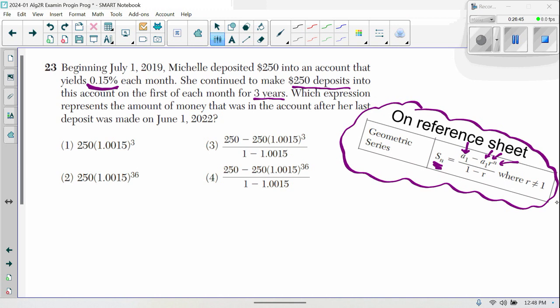She is depositing this money each month for 3 years. There are 12 months per year, so my n is 36. And it's over 1 minus the rate. Now, in this problem, my r is 1 plus or minus the r.